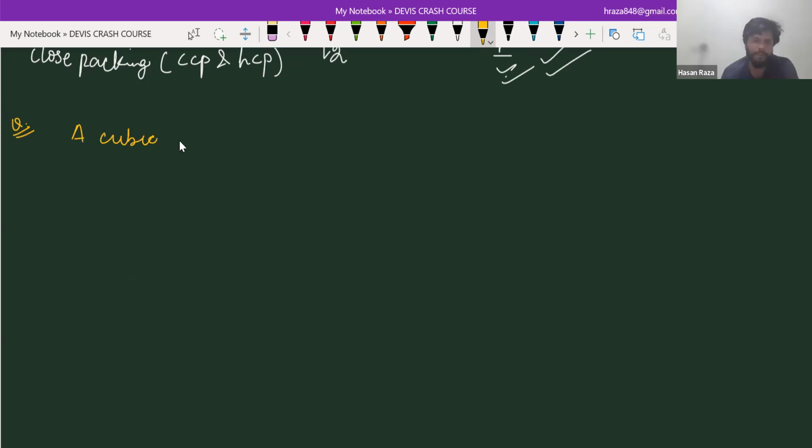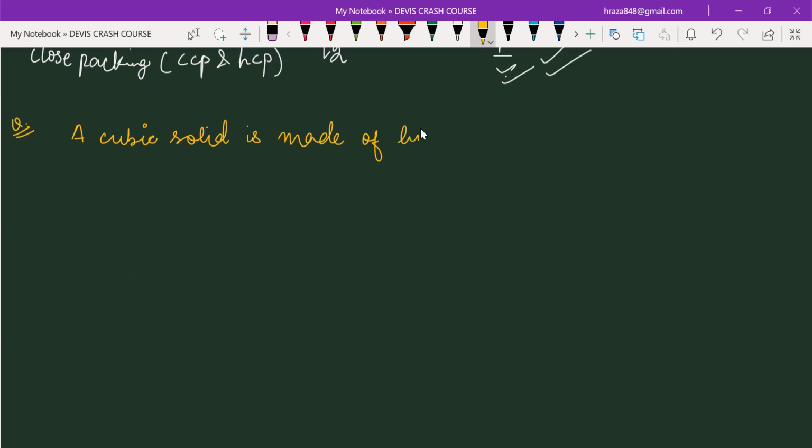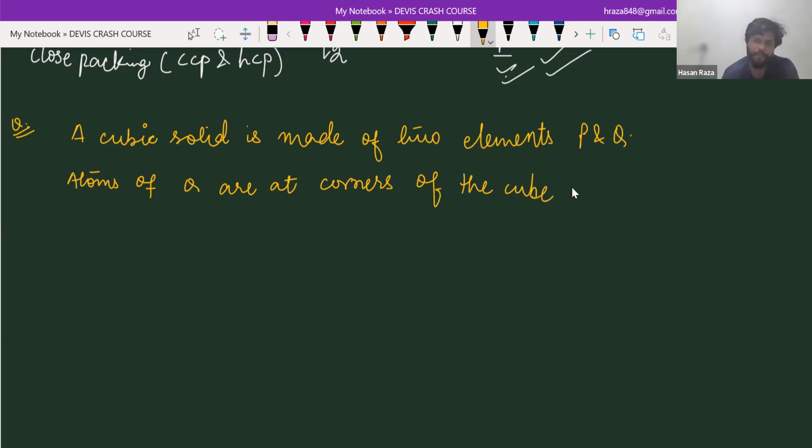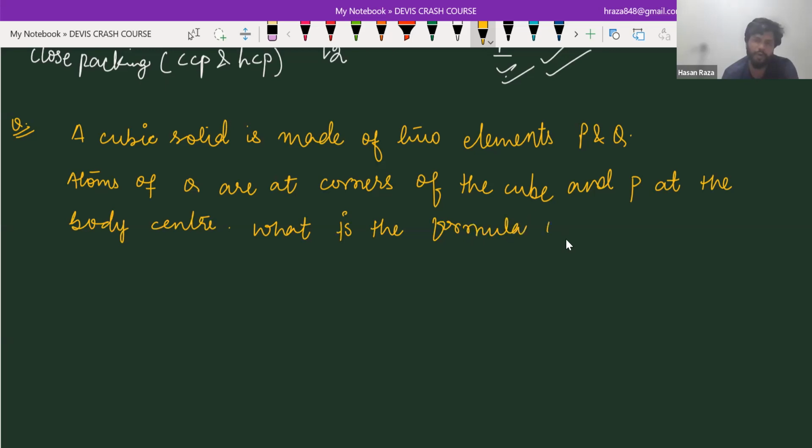We need to do different types of questions. A cubic solid made of 2 elements P and Q. Atoms of Q are at corners of the cube, and P at the body center. What is the formula of the compound?